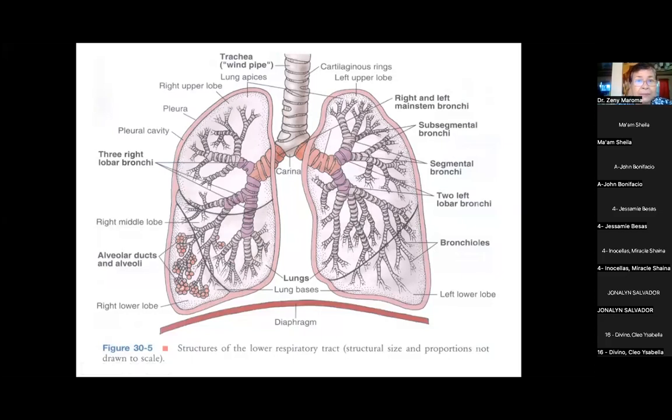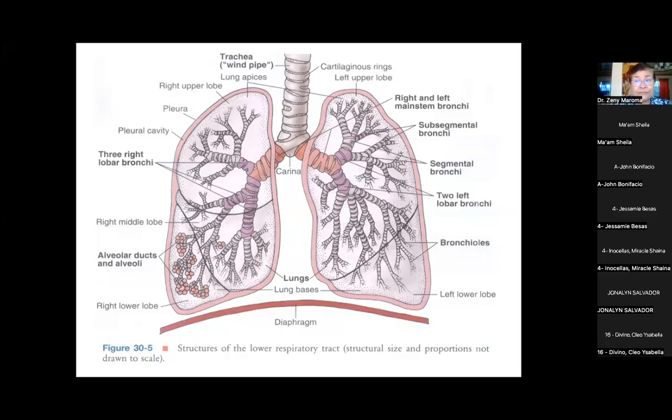The space between parietal and visceral pleura is the pleural space or pleural cavity, which has a small amount of pleural fluid, a lubricant. The pressure in the pleural cavity is called intrapleural pressure.